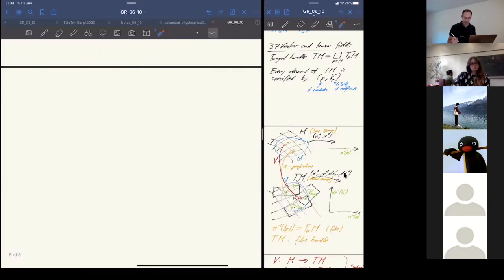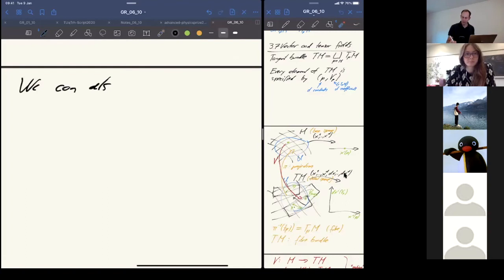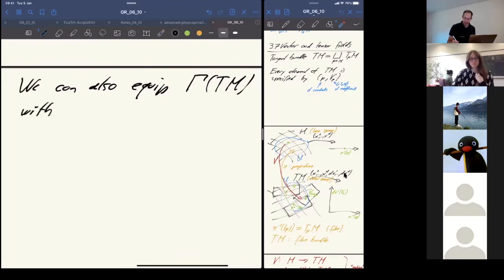So that's the next thing. We can also equip this space with a different, more general multiplication. By equip, I mean we just define new operations, this time with a function.